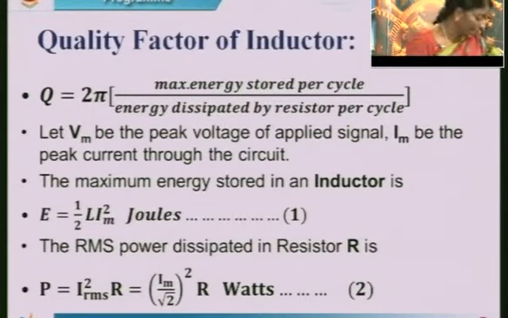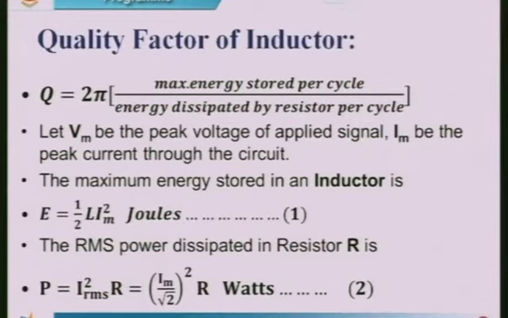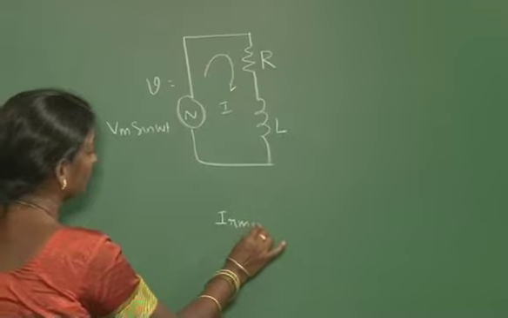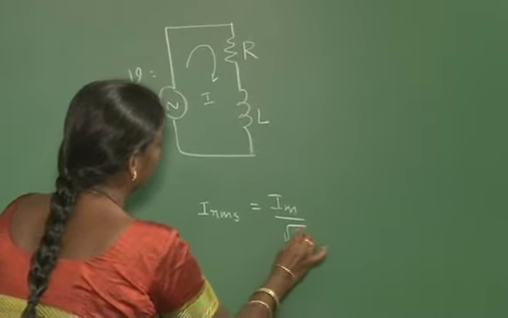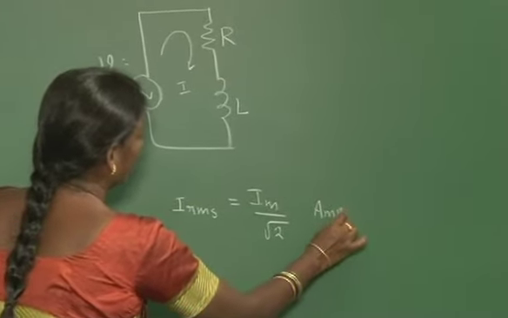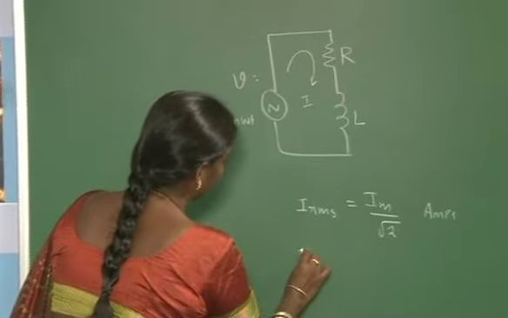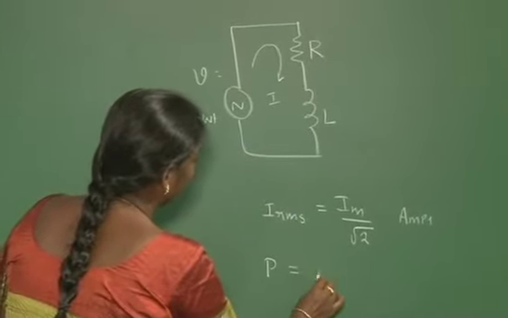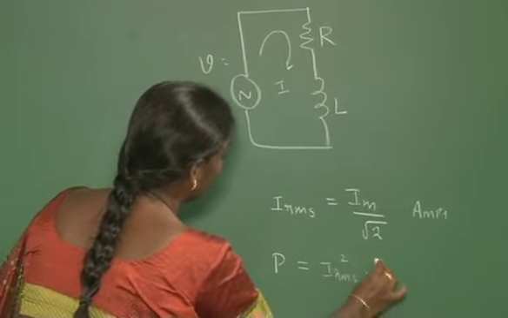Our RMS value of the current is IRMS equal to Im by root 2. We are going to find the power, which is nothing but IRMS square into the resistance.